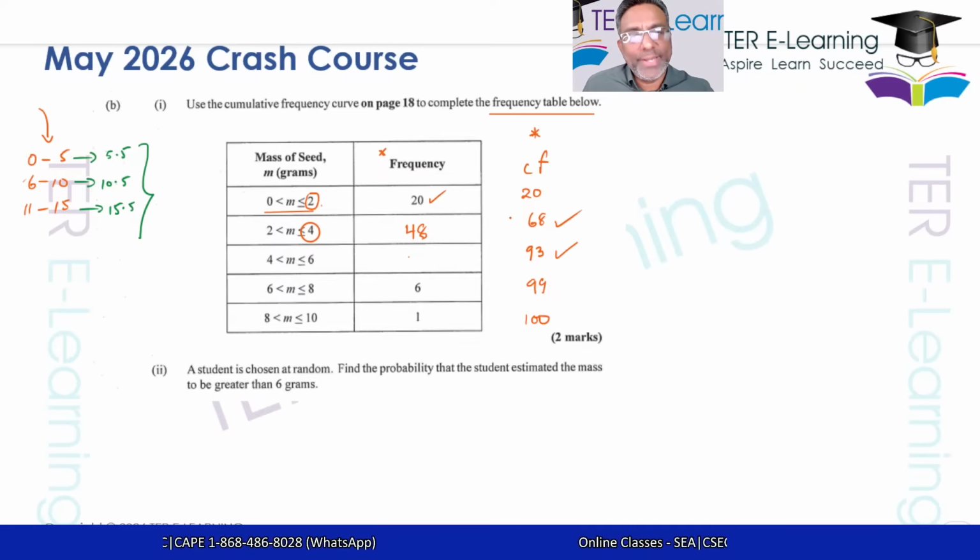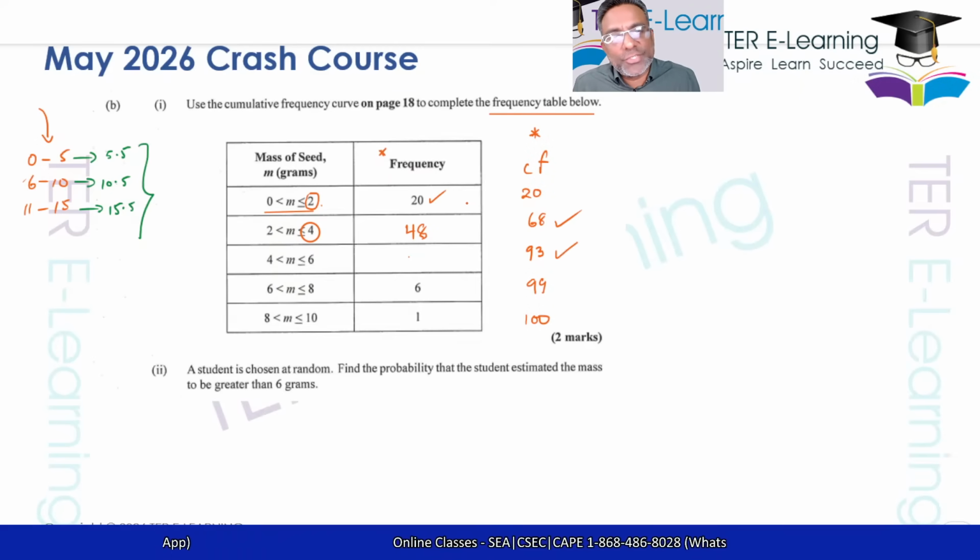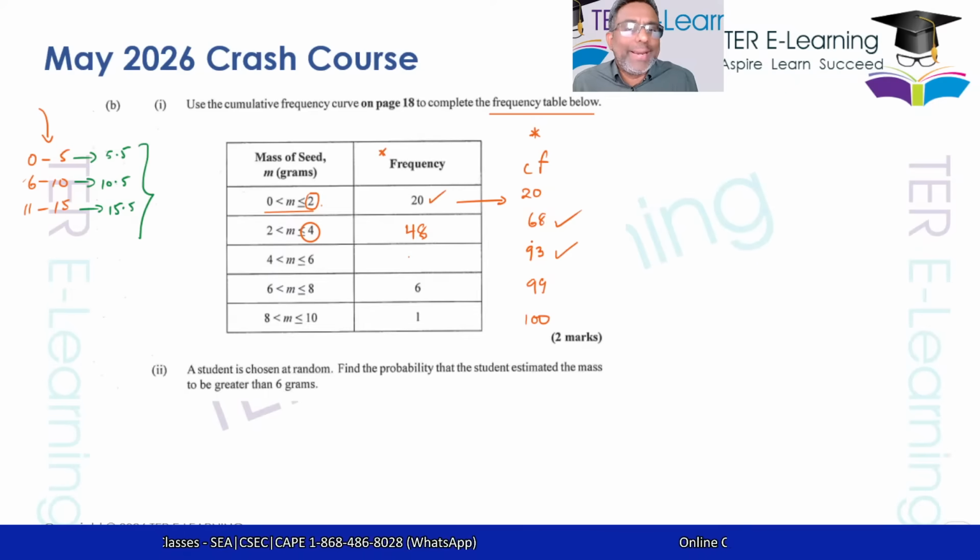If you remember how you work out cumulative frequency, your first row gives a cumulative frequency of 20. When I jump to the next row, you get a cumulative frequency of 68. It means that this frequency should have been 48. Now the next cumulative frequency goes up to 93, so this here will definitely be 45.